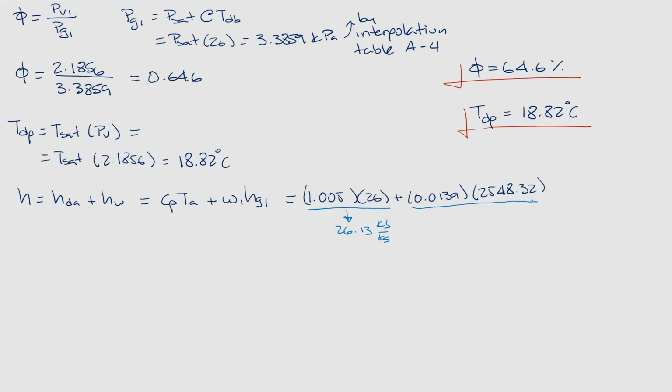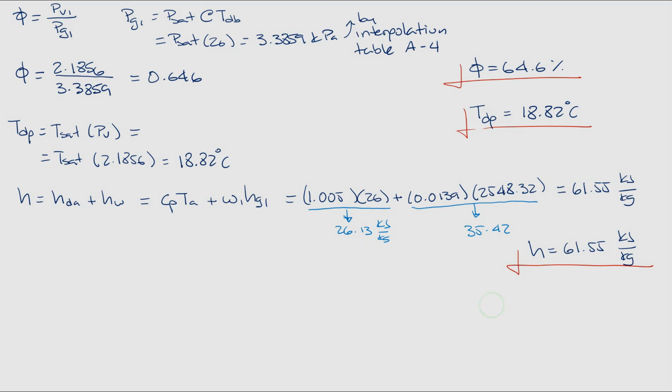The part that corresponds to the water is 35.42. The total enthalpy will be 61.5 kilojoules per kilogram. That's our fourth result, and you can see that the energy associated with the water, even though it's a small amount, is more than the one for the dry air.